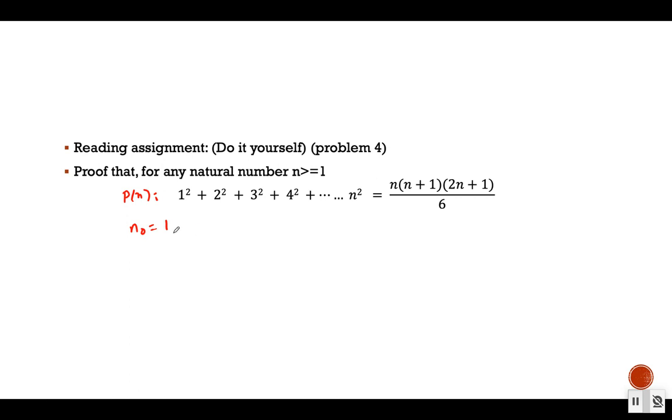First we have to prove that Pn is true for n equals 1. Then we have to assume that Pk is true, and if Pk is true, can we prove that P(k+1) is true? So first try to do it yourself, and it has already been done in the textbook in problem 4. Then you can look at the textbook. All right.